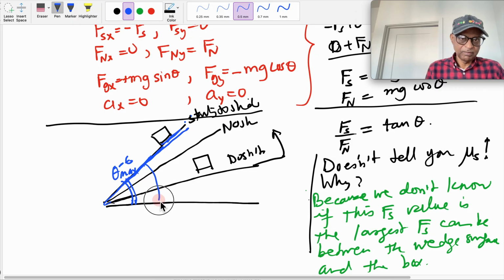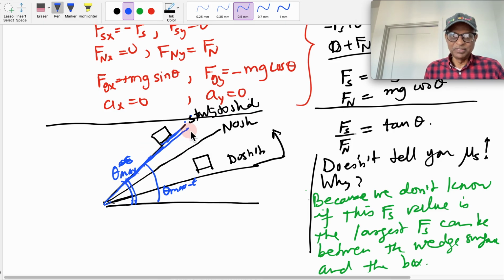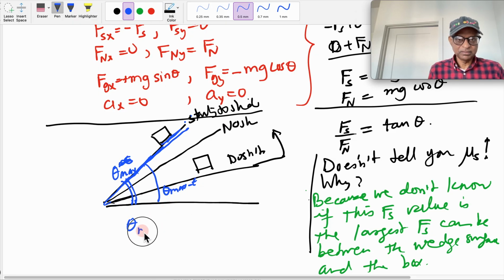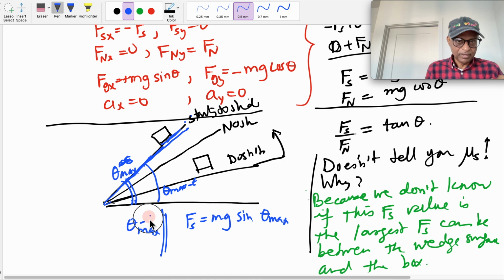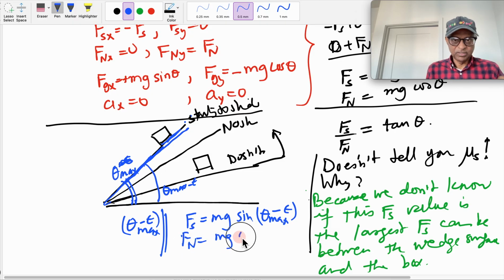So let's call this theta max, which is already sliding, but this one, theta max minus epsilon, doesn't slide. Then fs is going to be mg sine of theta max minus epsilon, and fn will be mg cosine of theta max minus epsilon.